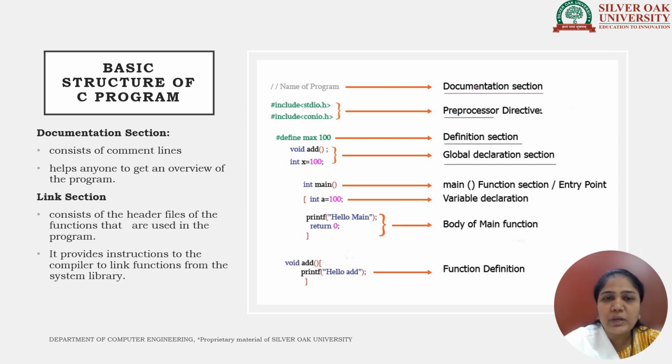Like in the code below, you can see we have used printf hello. That printf is an inbuilt function used to print the data written inside it on our output screen, and the definition of the printf function is written in the stdio.h file. So if I want to use that inbuilt function, I need to link it in my current code, and that is done with the help of #include.